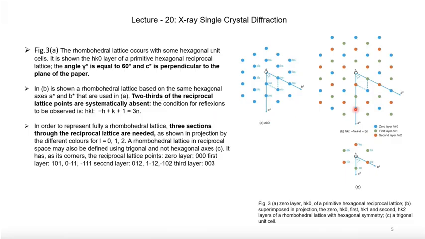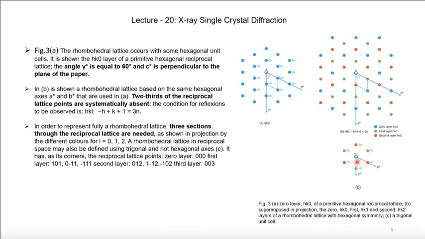And this is followed here in figures A, B, and C. In the context of C, sometimes if we take three sections of the reciprocal lattice, we can also have a rhombohedral lattice which has trigonal or hexagonal axes. Not only hexagonal axes, it could be trigonal also.